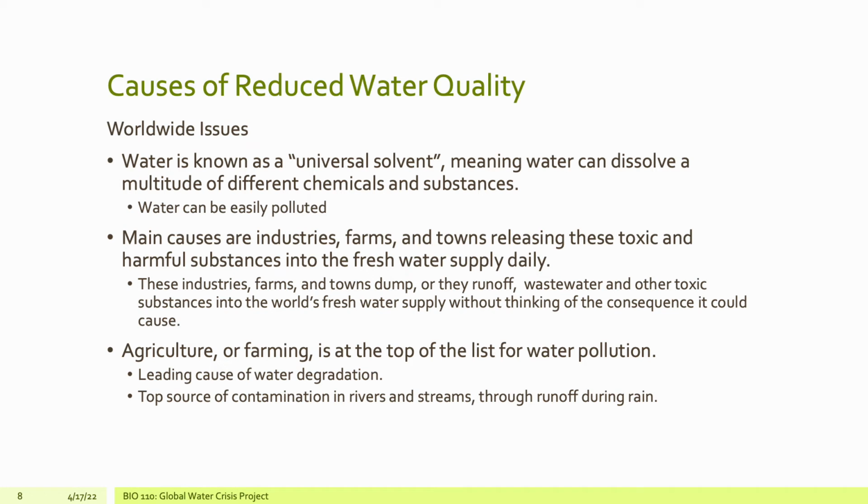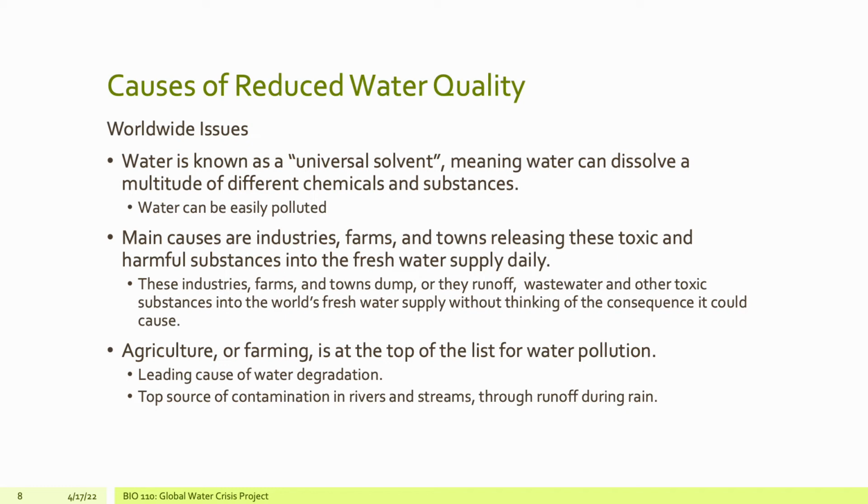So, some causes of reduced water quality, worldwide issues. Basically, water is known as a universal solvent, meaning that water can dissolve a multitude of different chemicals, and substances can be dissolved into water. It's easily polluted.